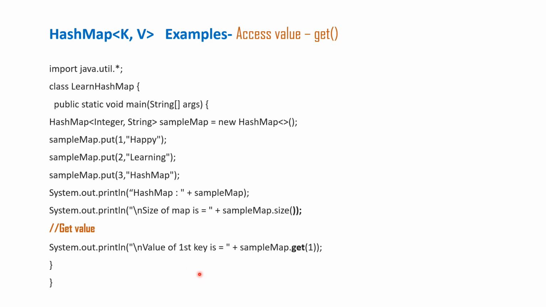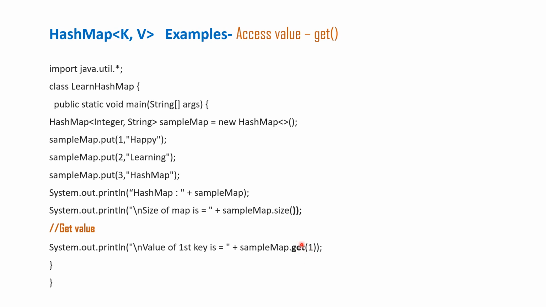It is simple. We are going to take the value of the first key, that is 1. If you give 1, we should get the value happy here. So sampleMap, the object we have created and made all the entries of data in, the same object we have to take, and dot. If you give dot, it will show all the inbuilt methods it has.